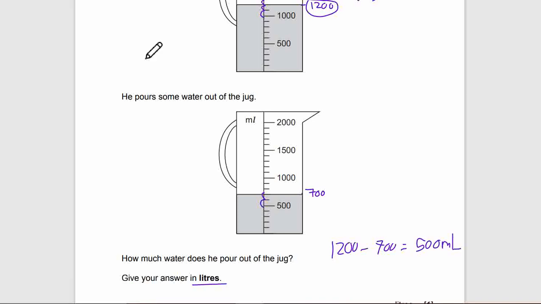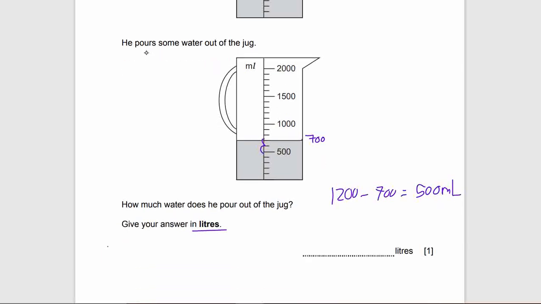Give your answer in liters, so we know that 1 liter is equal to 1000 milliliters. So if we have 500 milliliters, it will be half of 1000, so it will be half a liter.